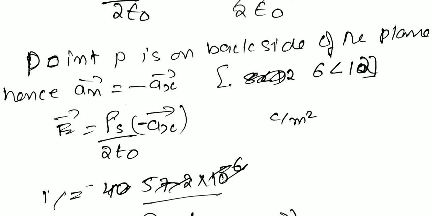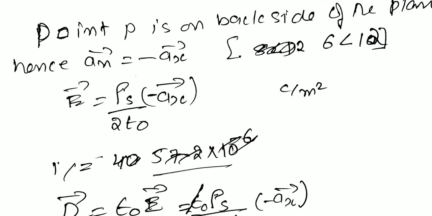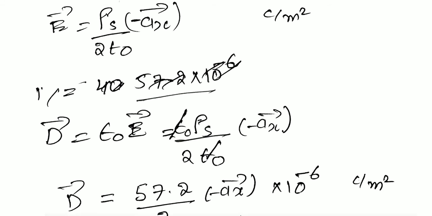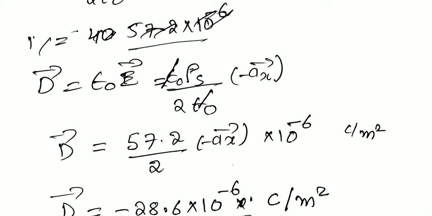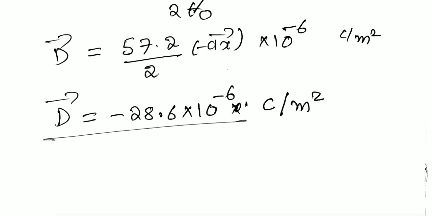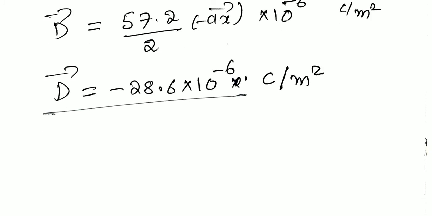So aN we calculated, that is, the direction of our unit vector is towards the negative x direction, so minus aX. Now if I put this value in D equal to epsilon naught into E, epsilon naught also gets cancelled, and after simplifying we get D equal to minus 28.6 into 10 to the power of minus 6 coulomb per meter square. Hope you understood. Thank you.